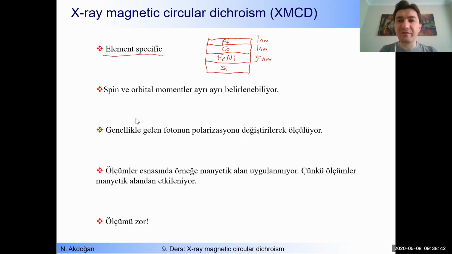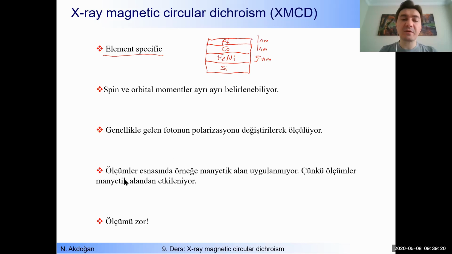During the last lecture, we have seen XRMS, X-ray resonant magnetic scattering, and what is the importance of the polarization. So for the experiments, the type of the polarization is very important. And here also in XMCD, we can measure the signals by changing the photon polarization. We will talk about this.